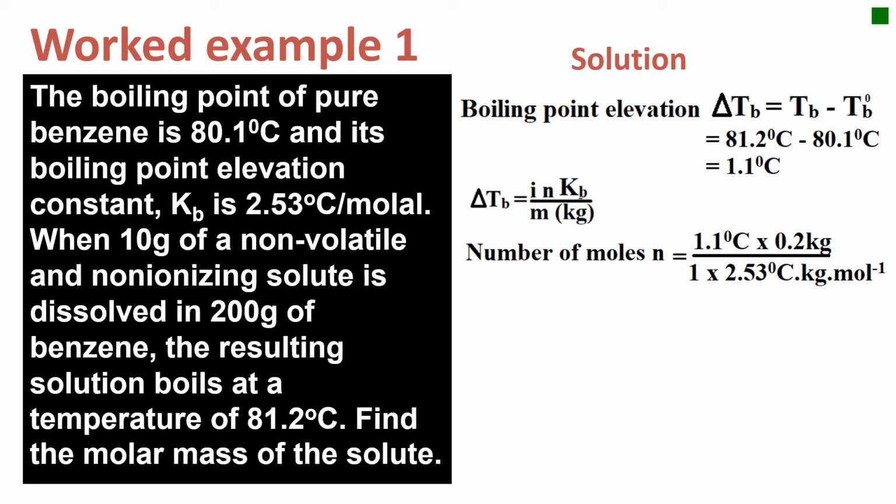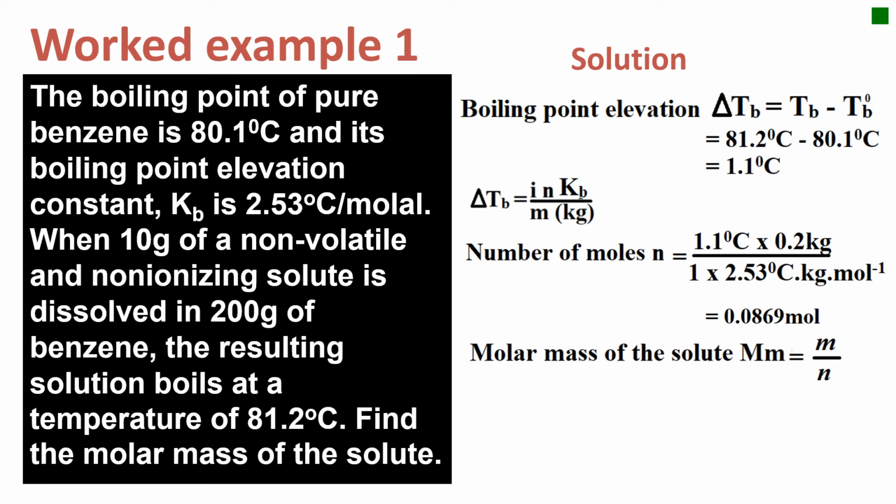We find that the number of moles equals 1.1 times 0.2 divided by 1 times 2.53, and then we find the number of moles is equal to 0.0869 moles. After finding the number of moles, we can find the molar mass of the solute that we are asked to find.